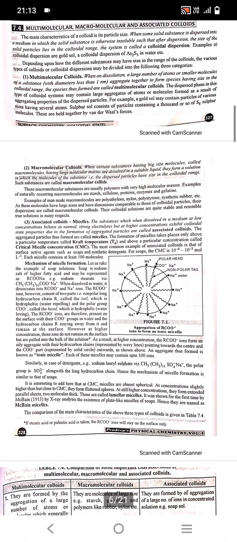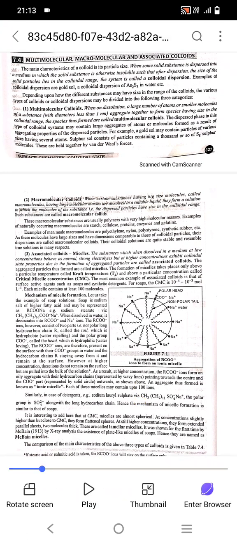Associated colloids, also called micelles. The substances which, when dissolved in a medium at low concentration, behave as normal strong electrolytes but at higher concentration exhibit colloidal state properties due to the formation of aggregates, are called associated colloids. These aggregated particles are called micelles.